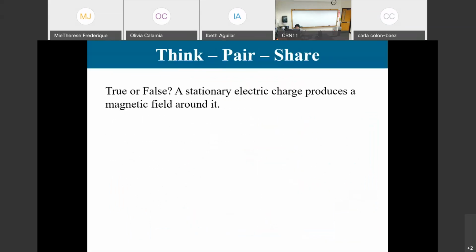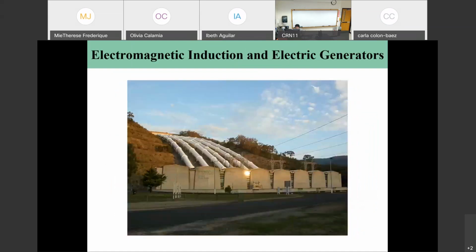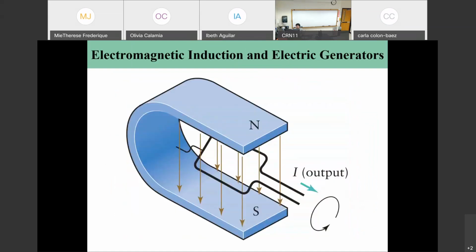I believe was way before, right? Here, with a waterfall. The way we introduce electromagnetic induction is with a generator, where you have a coil or coils and then you have the rotation.